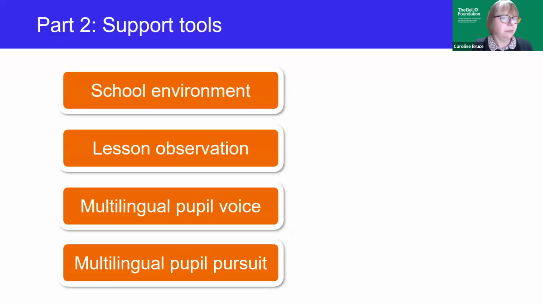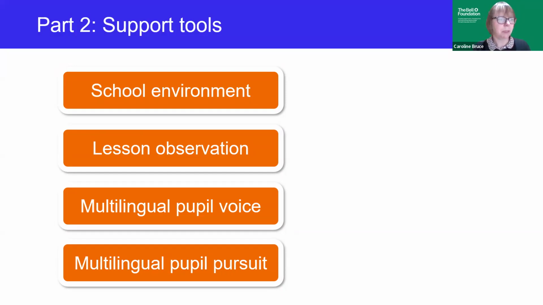So in today's webinar, part 2, we'll look at 4 additional and recently developed tools, which we can refer to as mini tools, that can support you in gathering data to use as part of evidence in a whole school evaluation of EAL provision. Or they can, of course, be used discreetly at any time, whether you're conducting a whole school evaluation or not.